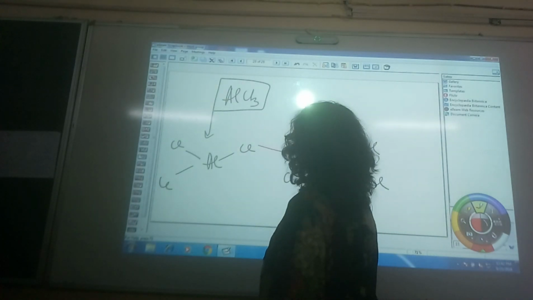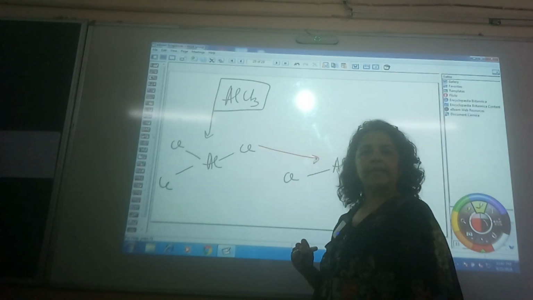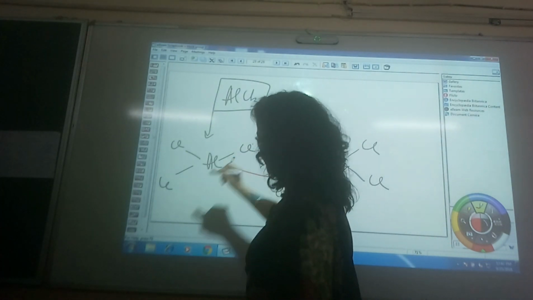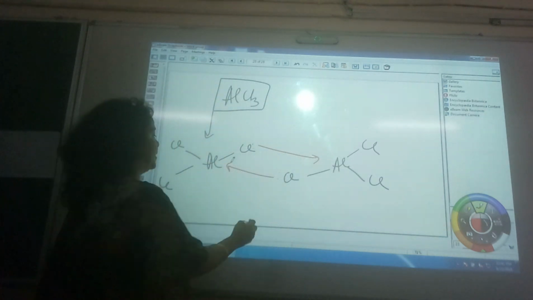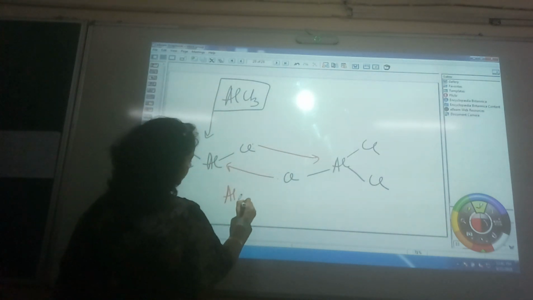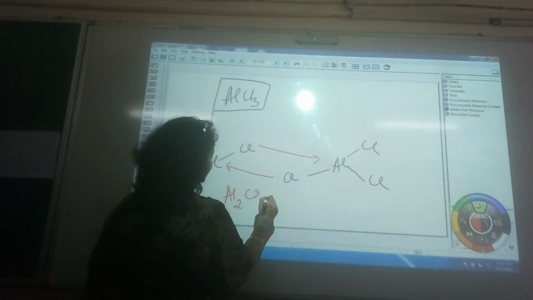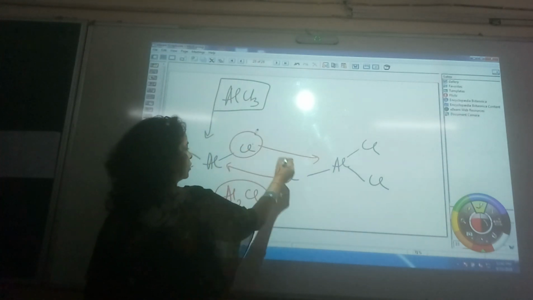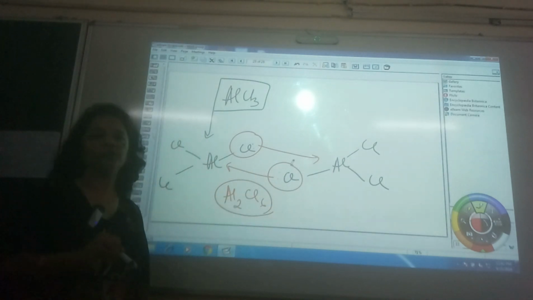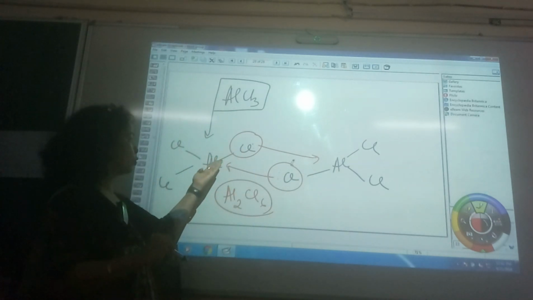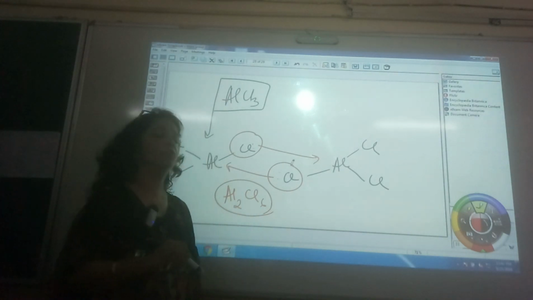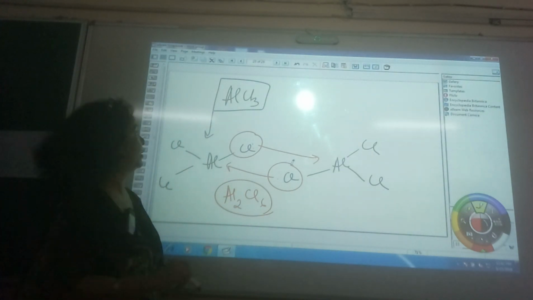Hence, this satisfies the octet of this aluminium, while the lone pair from here goes to this aluminium, making it a bridged dimeric structure known as Al2Cl6, where these 2 chlorines are called the bridged chlorine atoms, which form a covalent bond with one aluminium and a coordinate bond with the aluminium of the other AlCl3.